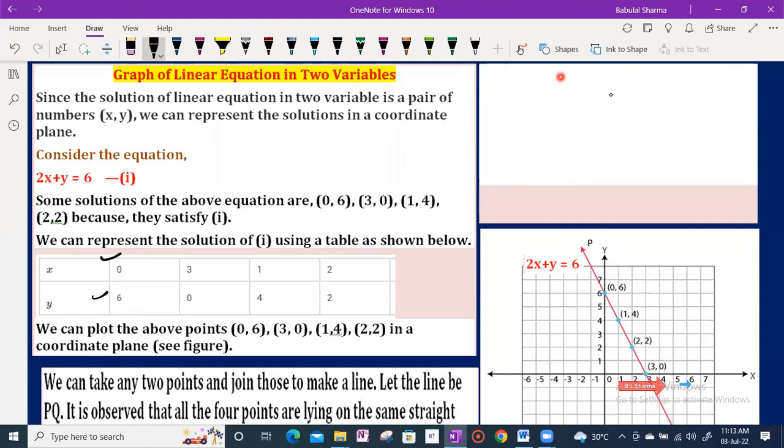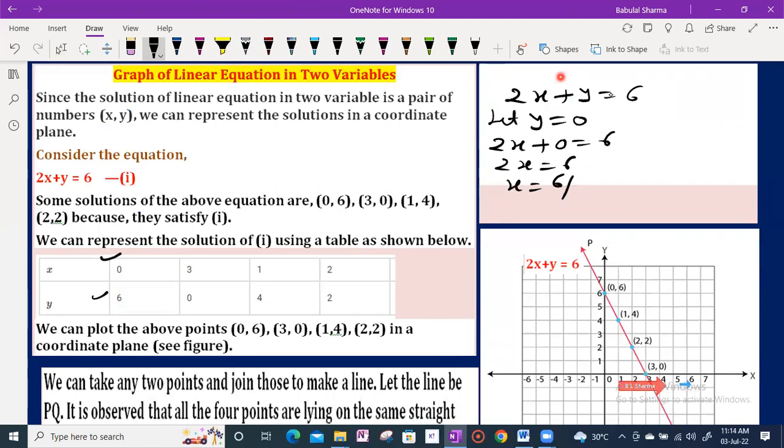The equation is 2x plus y is equal to 6. अब आप चाहें तो let y is equal to 0 ले सकते हैं. So 2x, in place of y you put 0, that is 6. So 2x is 6. x is 6 by 2, so x is equal to 3.